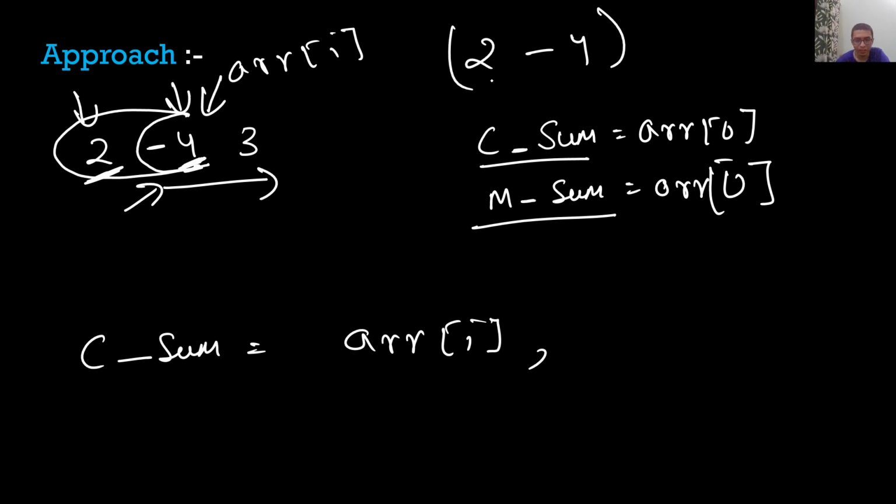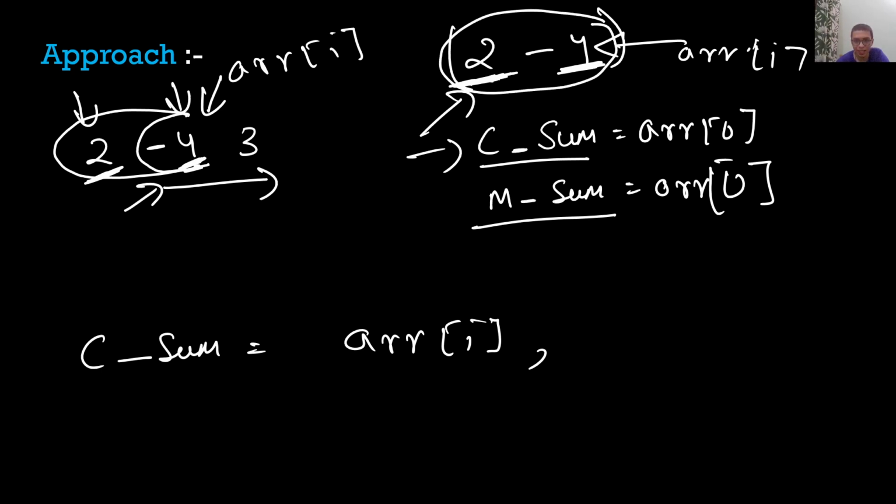Now we know that the current subarray sum, if we don't include the last element, is already stored in this csum variable. So if I add this element ARR of I with my current subarray sum, then I'll get the subarray sum till this element, right? Including this element.